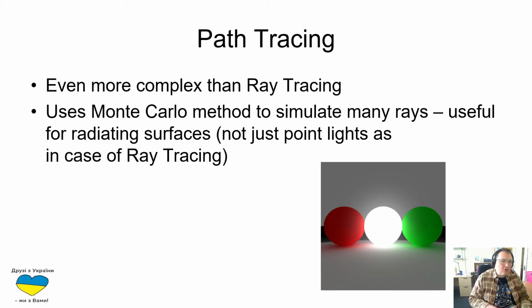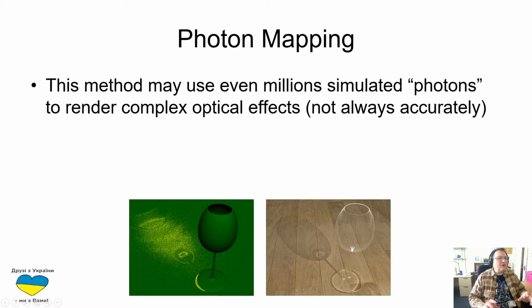Ray tracing is good basically for point lights, and if you have larger surfaces radiating light, path tracing may be even better. And one of the latest and most advanced techniques is known in the 3D world as photon mapping.